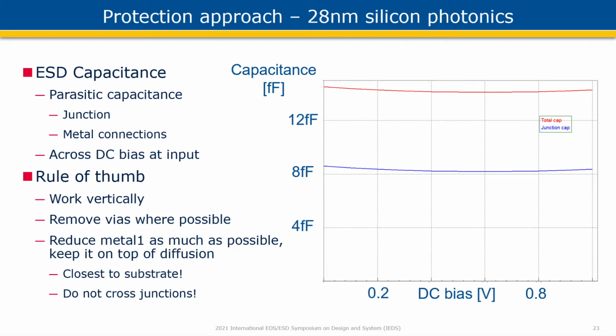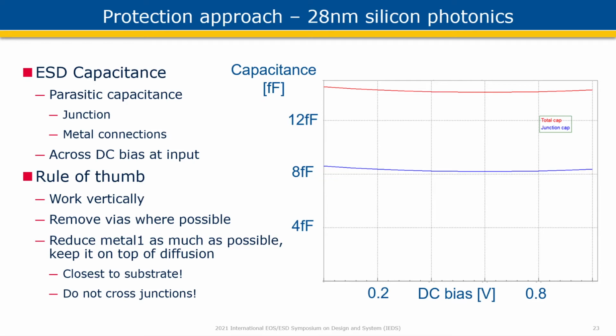The total ESD capacitance of less than 14 femtofarads consists of parasitic capacitance of the junctions and metal connections connected to the IO pad. This plot shows the capacitance across DC bias at input.